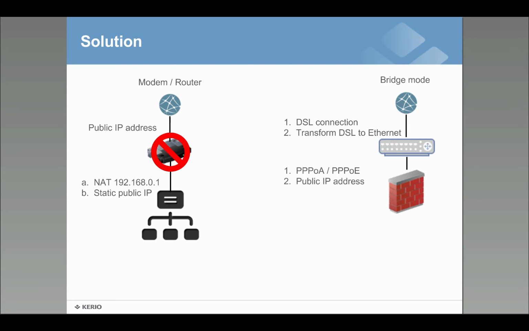And it's the task of the firewall to dial a point-to-point connection, which brings you layer 3, the IP layer, to your network. And it's dialed over the layer 2, which we have from the modem. Then you can set up the NAT and provision the rest of your network.